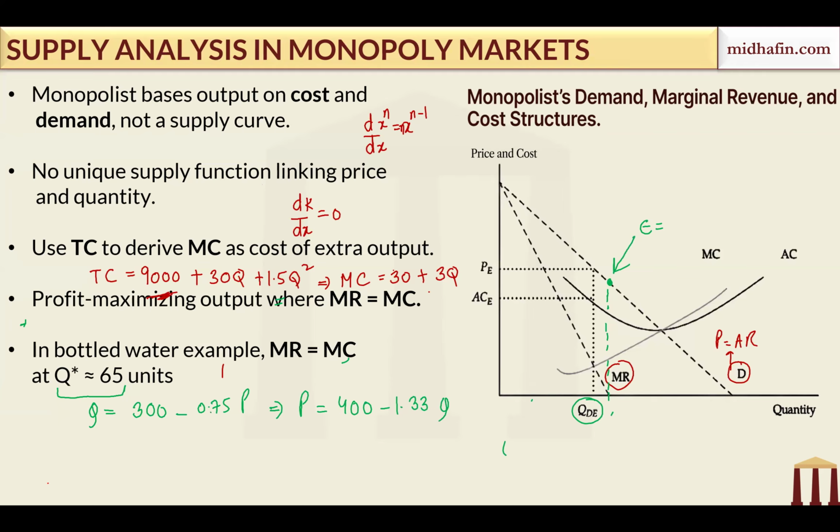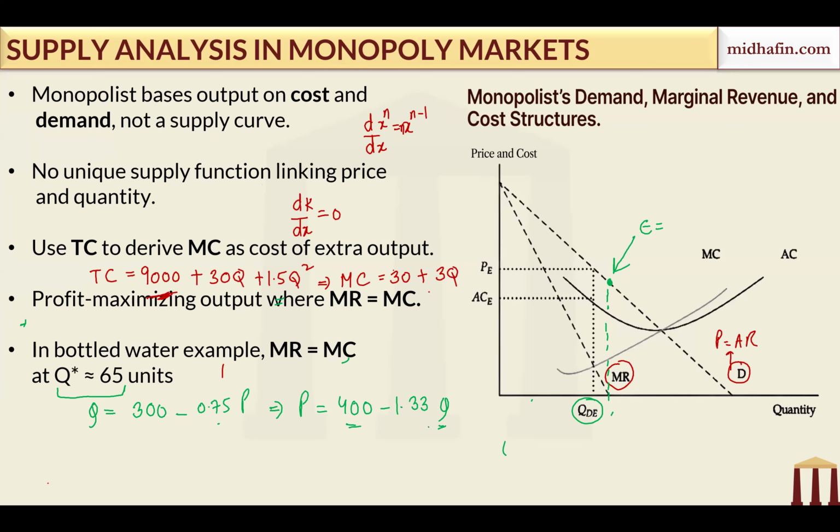Basically, this is 3 over 4 times p equal to 300 minus q, and just multiply everything by 4 by 3. So 4 by 3 times 300 becomes 400, and 4 by 3 times q becomes 1.33 times q. Anyways, you can check it later on.